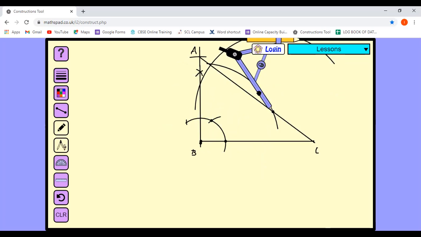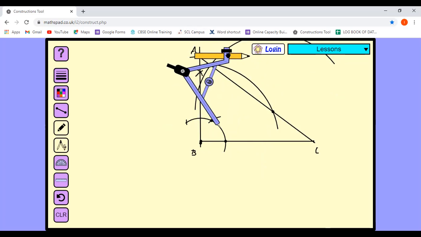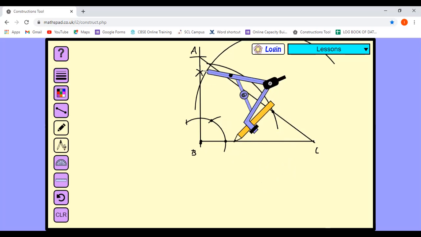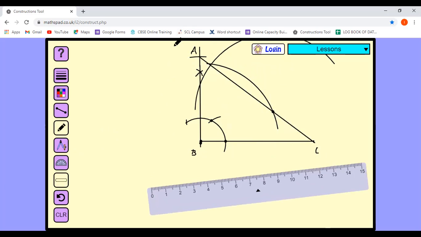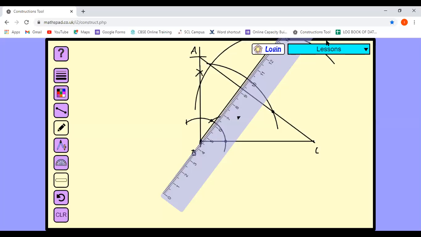So when we do that, we'll get it there. And when we join those two, we will get D. Okay. So this is the point D for us. The arc for me actually has gone outside the area, but when we cut it, we can join B and the arc where it's cutting and we'll get D.